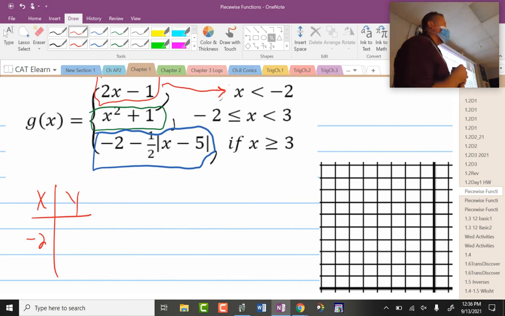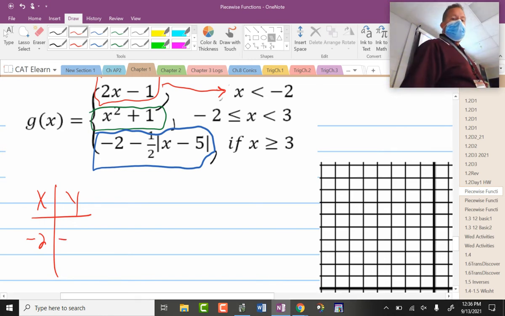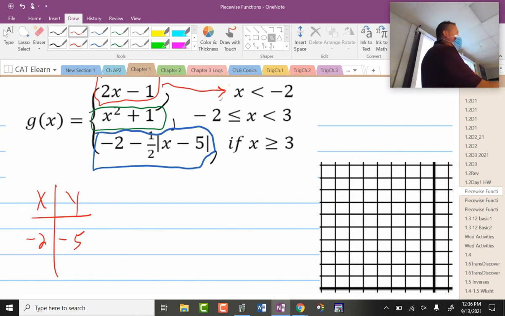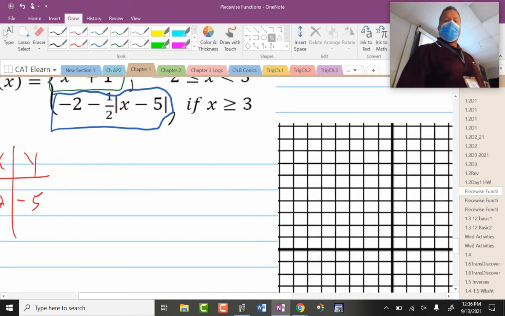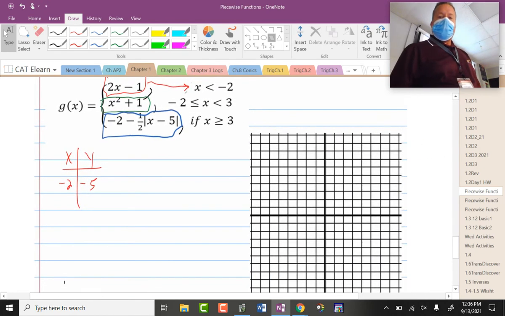So -2 times 2, -4. -4 minus 1 is? Good. What kind of dot do I put there, though? That's the question. I'm not allowed to plug in -2. But I did plug in -2 because I need a starting point, and I need to know that that is an open dot there.